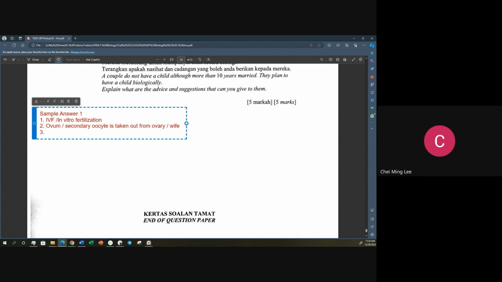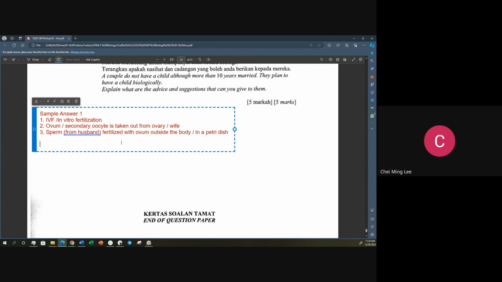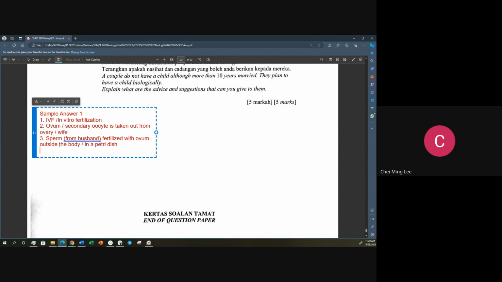Then the sperm from the husband will fertilize the ovum outside the body, or we say in a petri dish. Then the zygote will divide during the process, to form an embryo, or we call it egg cell body.